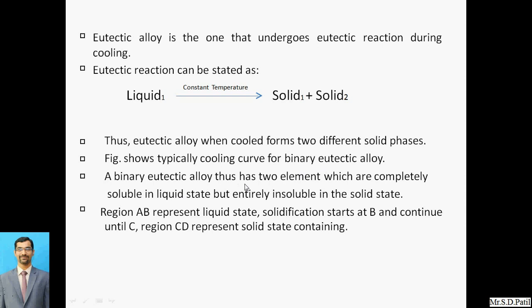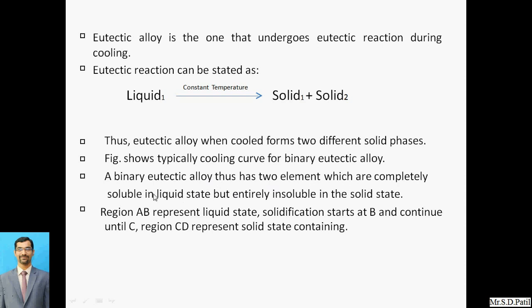Now the binary eutectic alloy has two elements which are completely soluble in the liquid state but entirely insoluble in the solid phase. So for the alloy, whatever the solids may be, we get one single liquid when we heat it, which means we cannot separate that liquid.